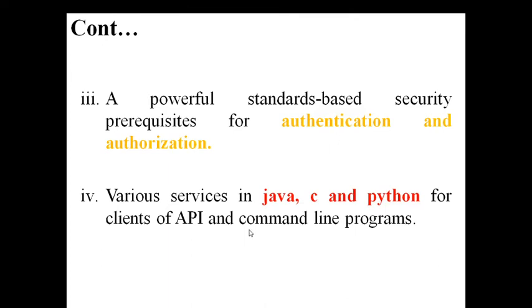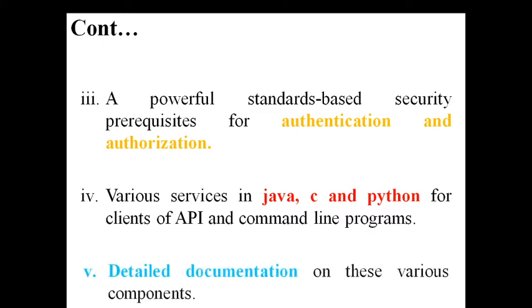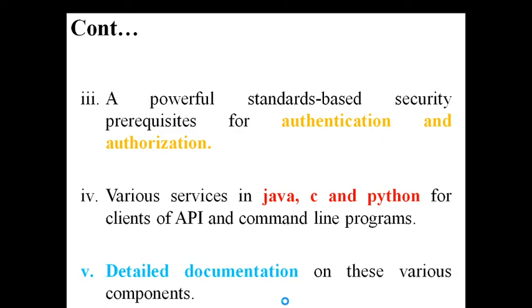It also provides a lot of interfaces, APIs, that is application programming interfaces, so for any type of application, in terms of language or interface, it supports it. It doesn't reject any of the providing services, but allows many types of languages and services. Next, it also provides detailed documentation on these various documents.